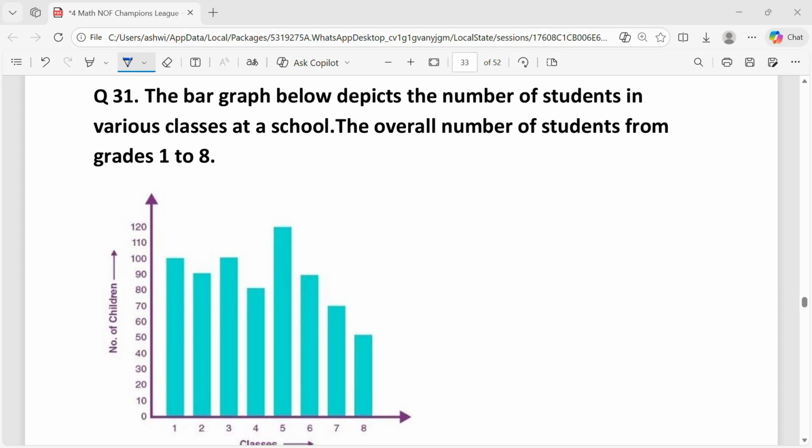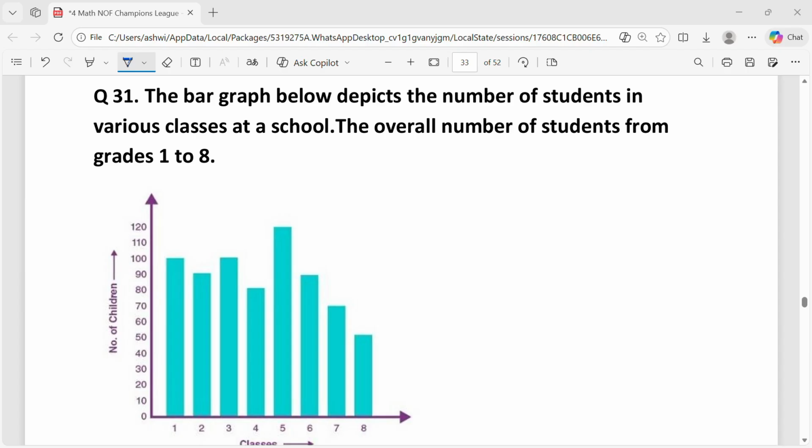Question 31. The bar graph below depicts the number of students in various classes at school. The overall number of students from grade 1 to 8 is the sum of the students from each class.